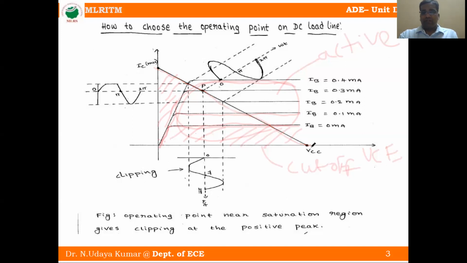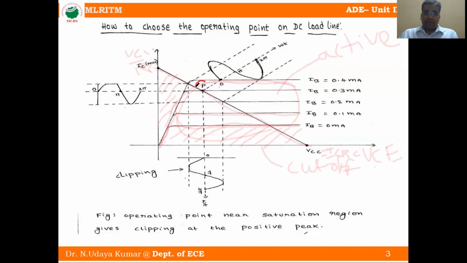We know that VCC is equal to ICRC, so here IC means VCC by RC. One criterion: the operating point is fixed near the saturation region. You can see this point is P.